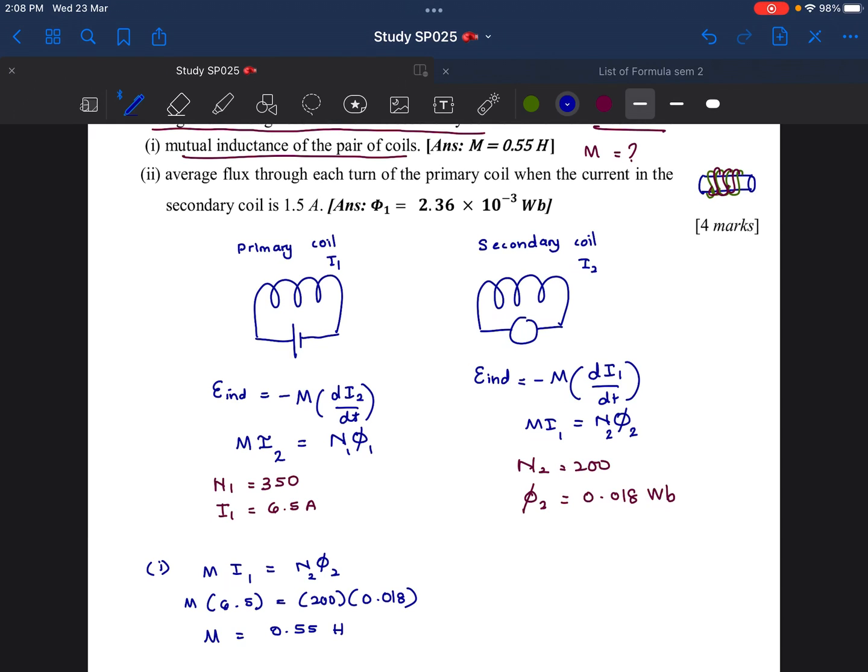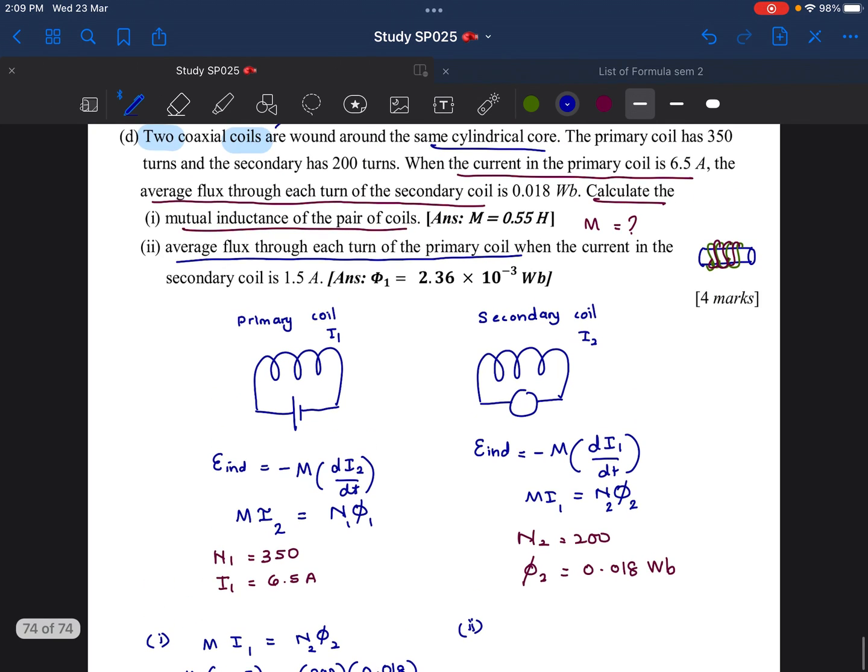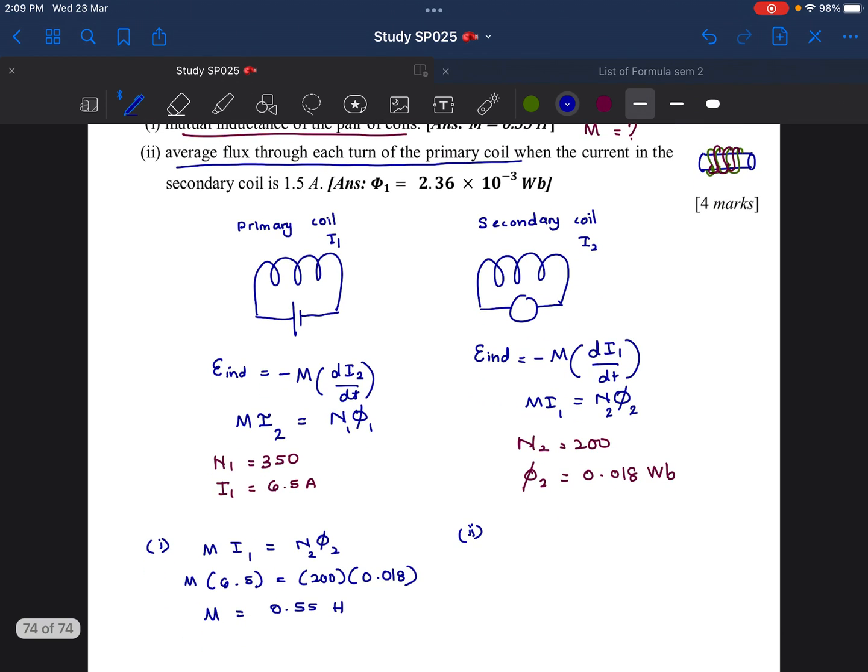So let's continue for number 2. Let's read the question. Dia cakap average flux through each turn of the primary coil, dia suruh calculate. Dia nak magnetic flux primary coil, jadi magnetic flux 1. Berapa kat sini?